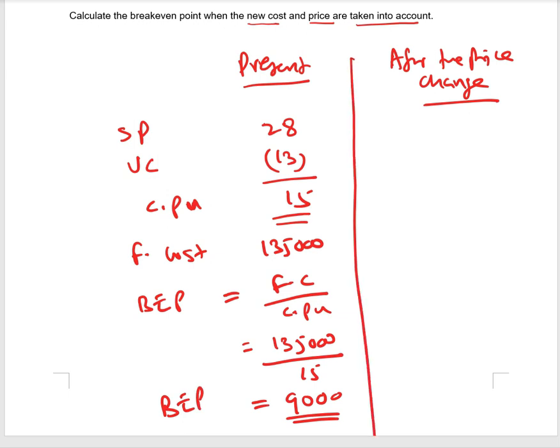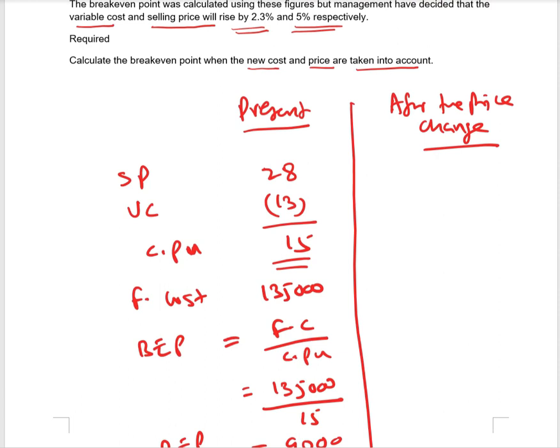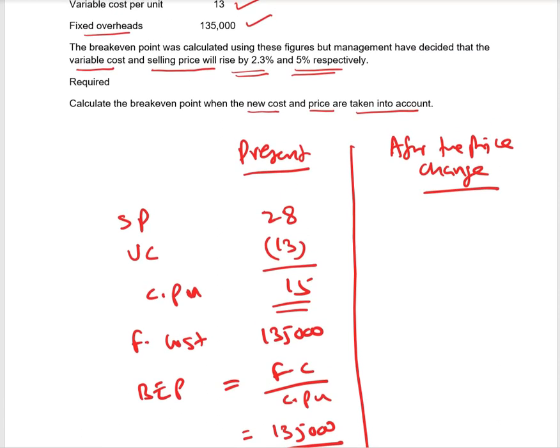But you are supposed to calculate the break-even point after the price change. So what's happening here? The variable cost and the selling prices will increase by 2.3 and 5%. So this selling price will increase by 5%. Apply 5% increase on 28, and that will give you 29.4.